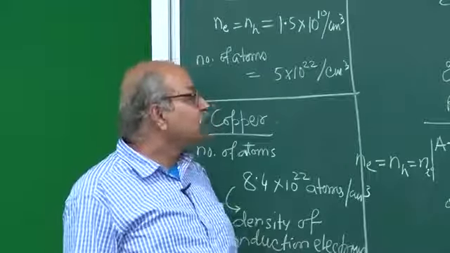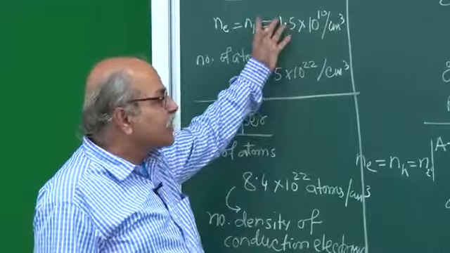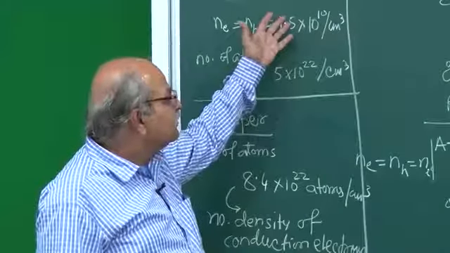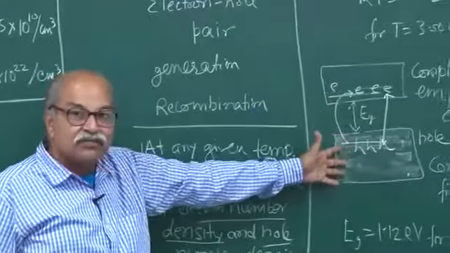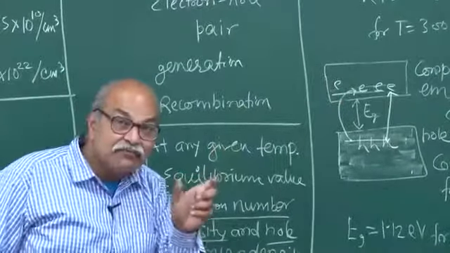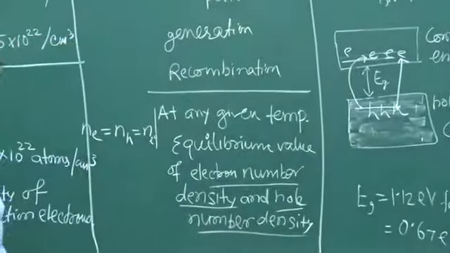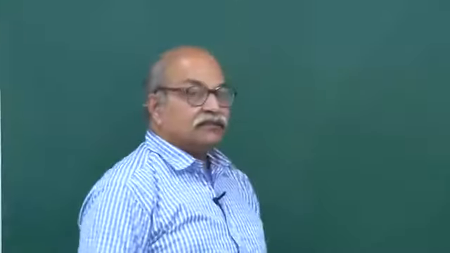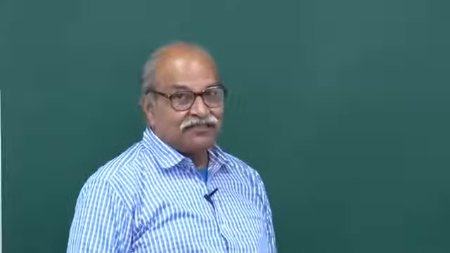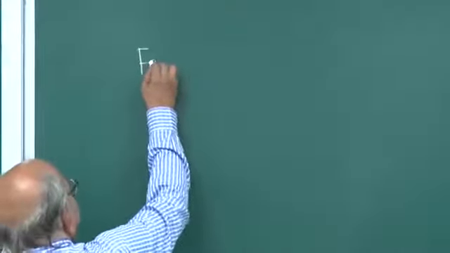Now what decides this number? What decides that at this temperature these many conduction electrons should be there, these many holes should be there? This is the equilibrium number. What decides that? That is decided by a function which is known as the Fermi function.